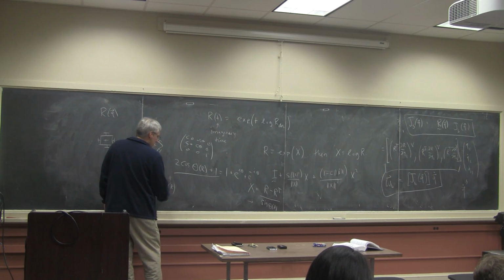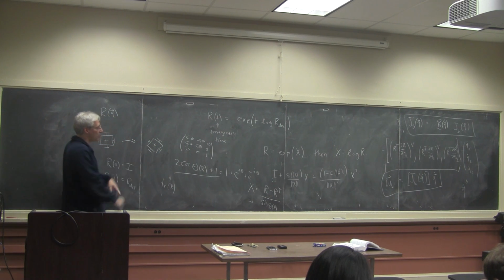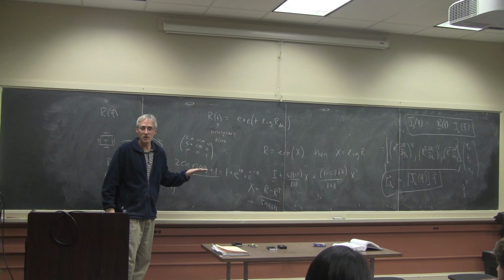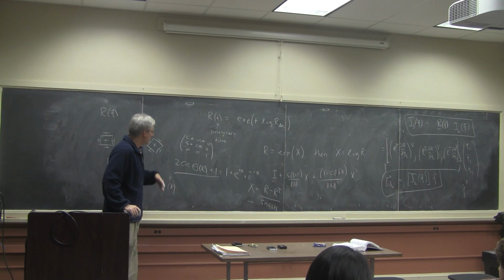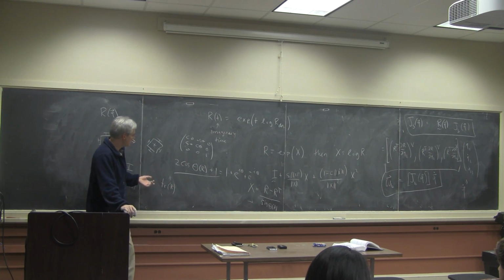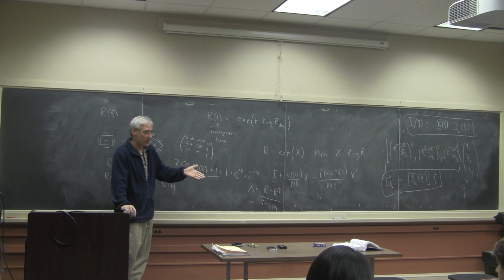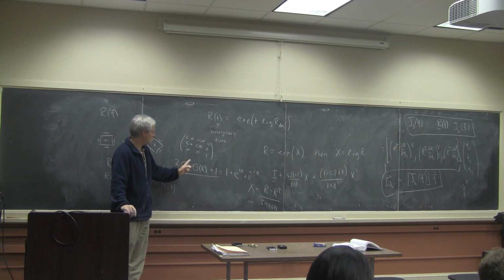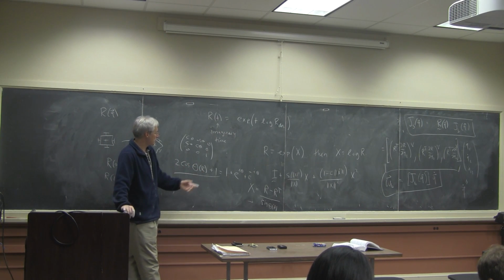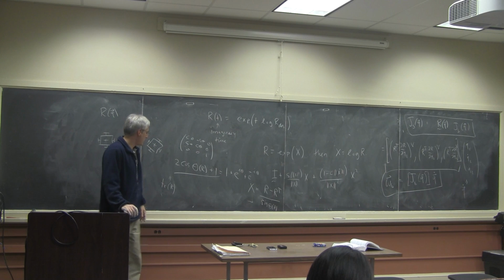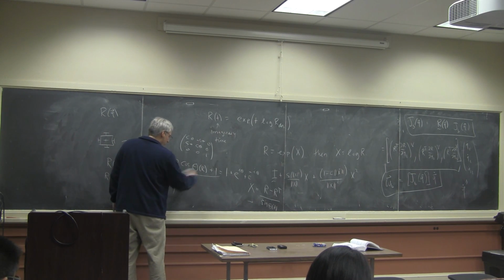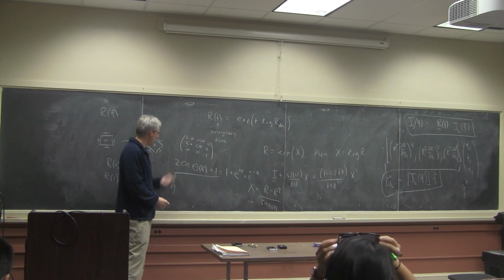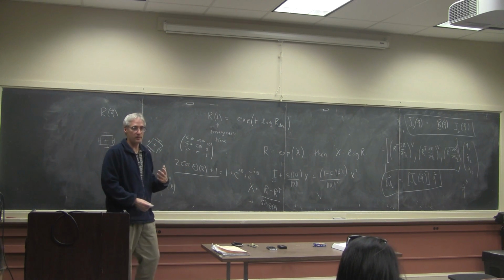If I give you a rotation matrix R with numerical values and ask what is the angle of rotation, the simplest way is to sum up the diagonal entries. That's the trace of R. That has to be equal to 2 times cosine of the angle of the rotation plus 1. From here you can solve for theta: subtract 1, divide by 2, and take the inverse cosine.